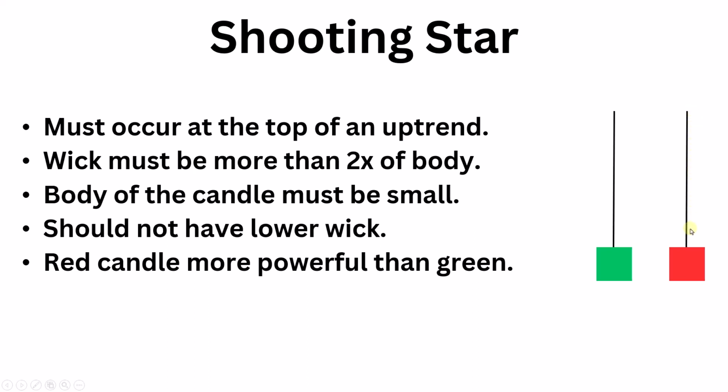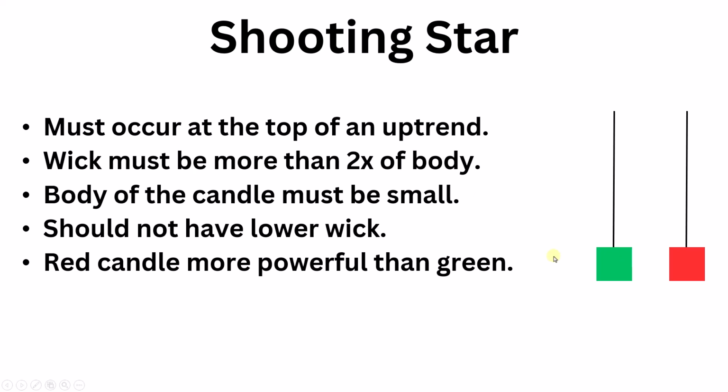They moved the price below the opening price and closed it here. Okay, when you compare this and this, here the sellers were not able to move the price below the opening price. They were able to move only till here, whereas in this case the sellers were able to move the price way below the opening price, and this is why the red candlestick is more powerful than green.